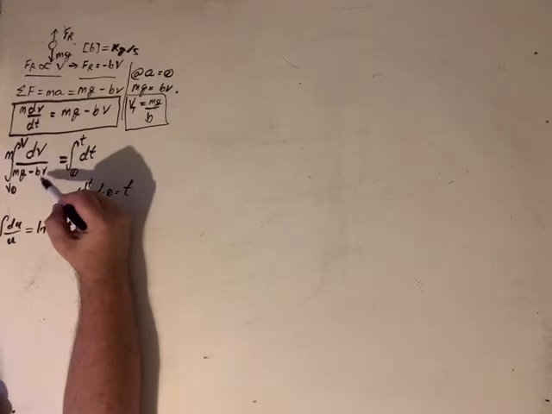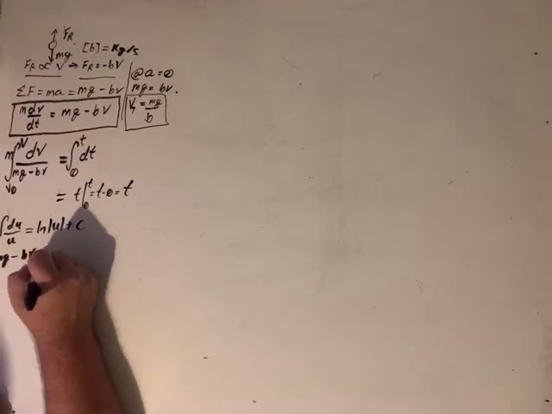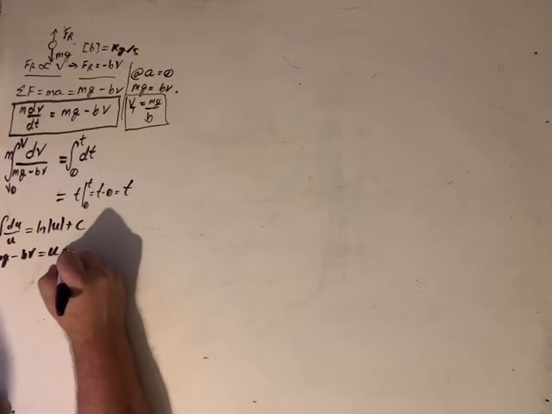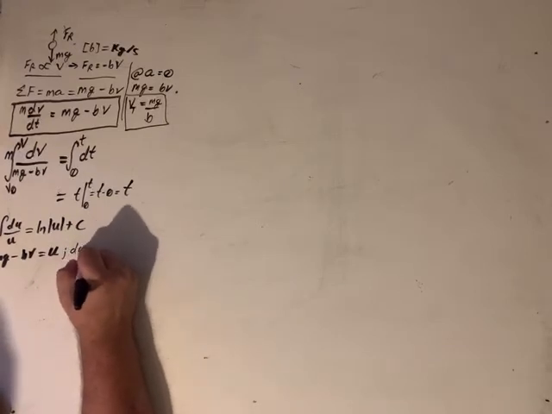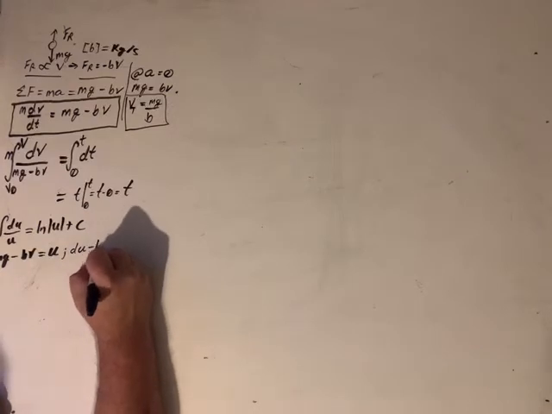Well, if mg minus bv is u, I don't quite have du at the top, because in that case, du would equal negative b.